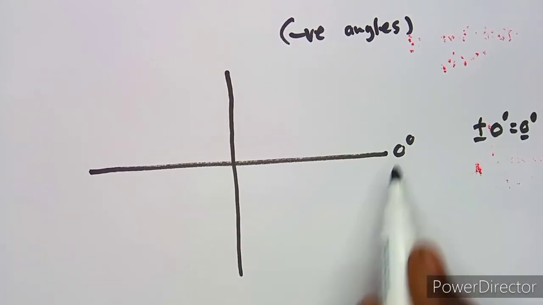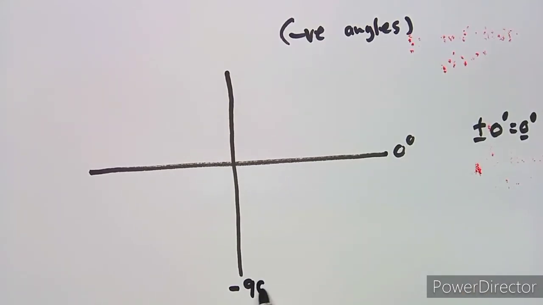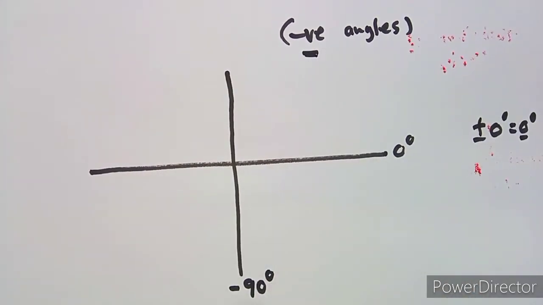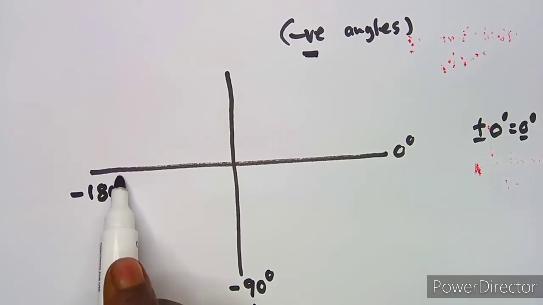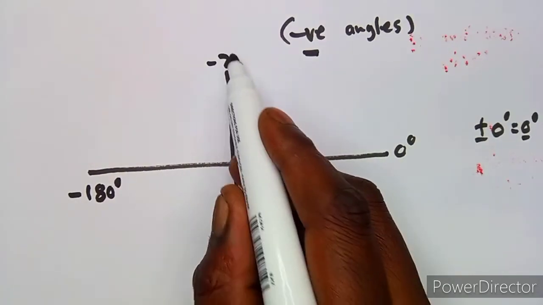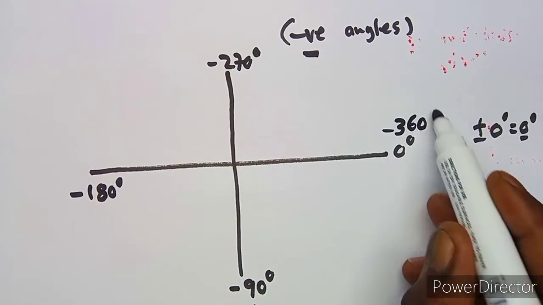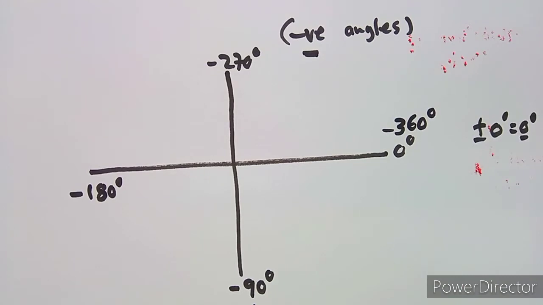So this is going to be at 0, and this one will be minus 90 degrees, because we're talking of negative angles. So this will be minus 90 degrees, minus 180 degrees, minus 270 degrees, minus 360 degrees. So these are negative angles.